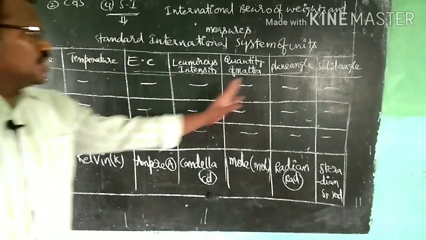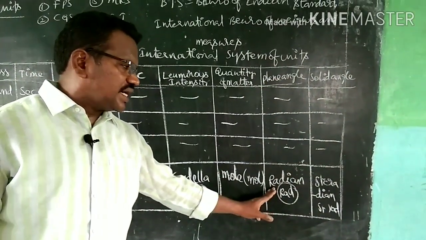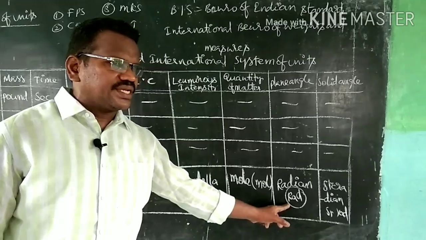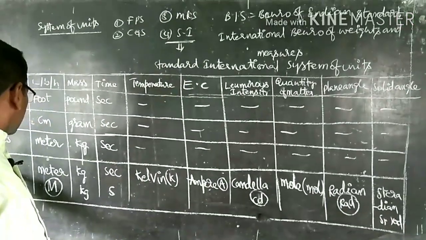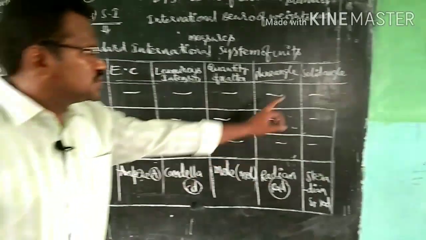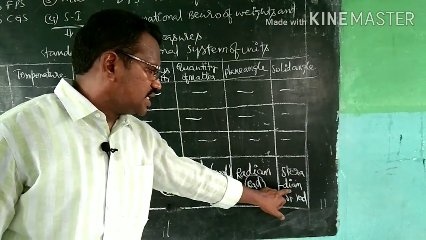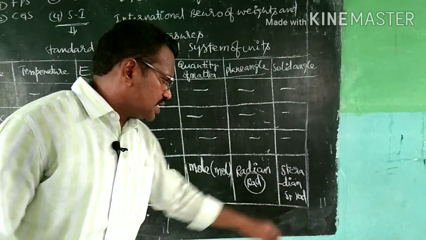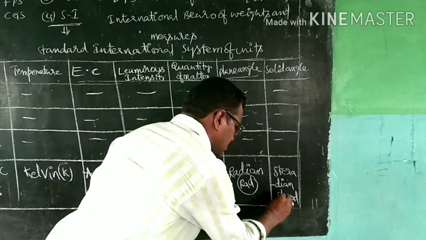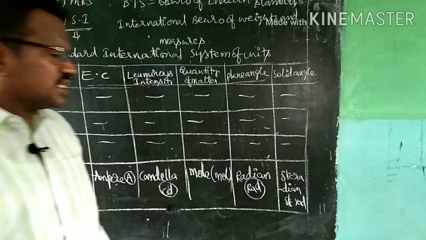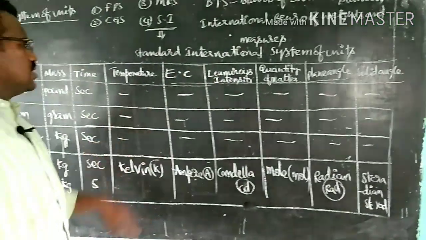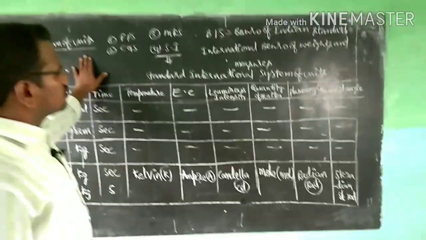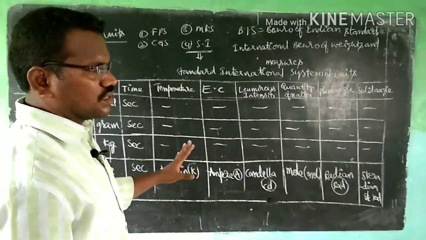SI unit of plane angle is radian, represented as rad, the first three letters. The last one, SI unit of solid angle is steradian, represented as sr. So once again, these are all the different kinds of systems of units that we are following now.